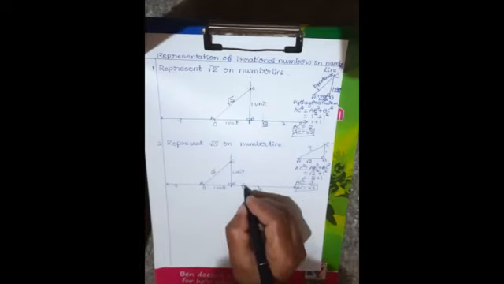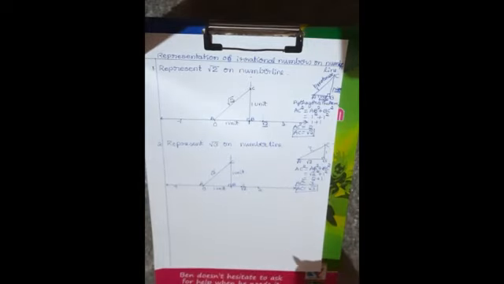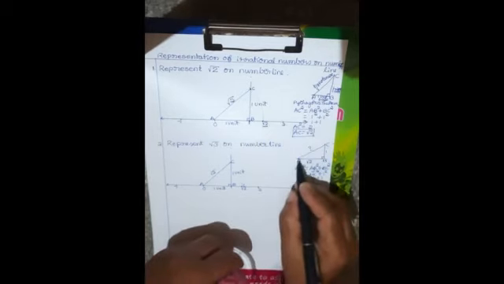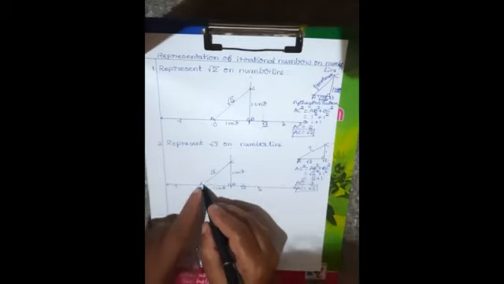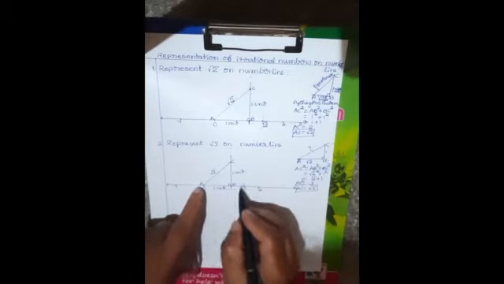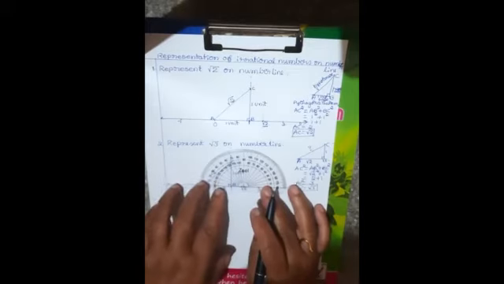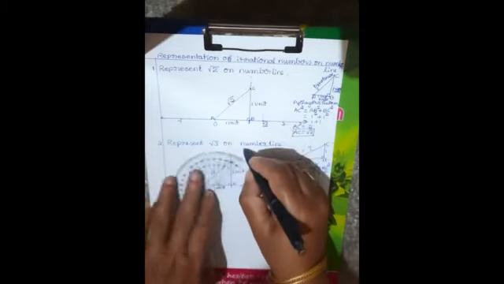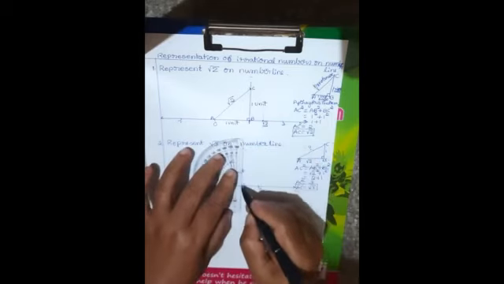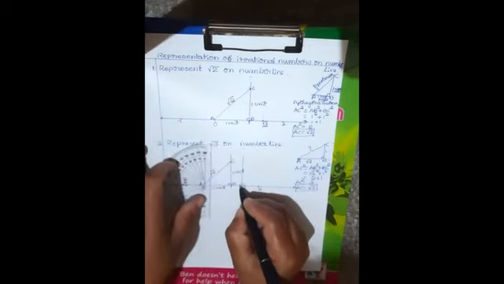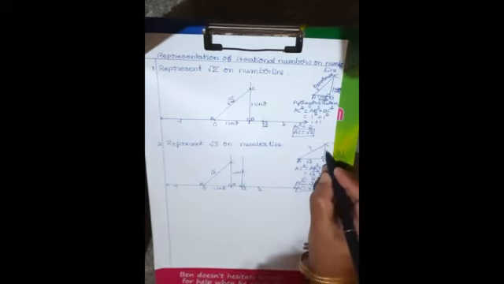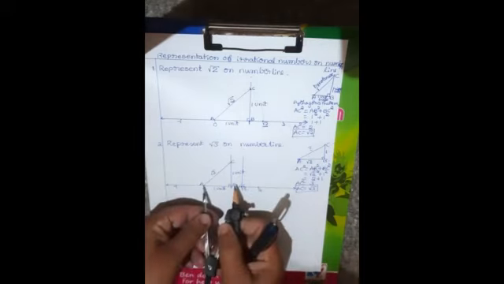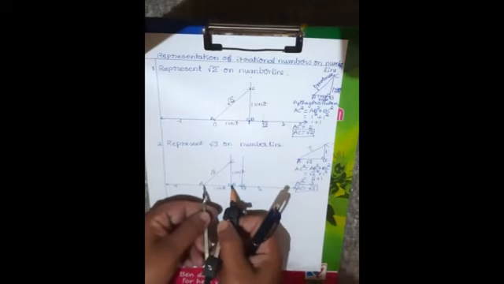Now take this as C, root 2 as C, and draw a perpendicular at C, because the base AB is equal to root 2. So we take AC as root 2 units and draw a perpendicular at C. Again, see what BC is. The length of BC is 1 unit here. So take 1 unit again. This is 1 unit.